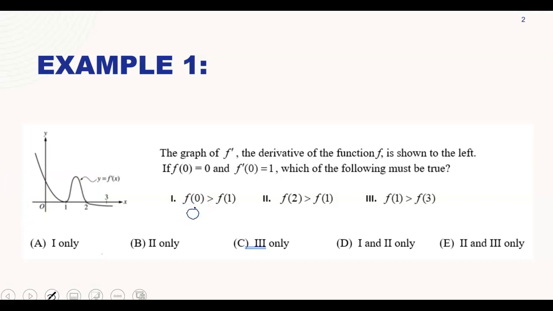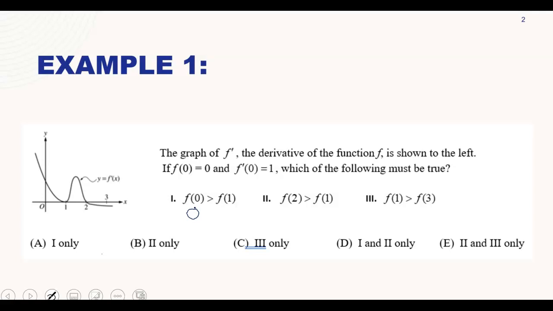If you look at the graph of the derivative, what do I know about f of 1? If the derivative is at 0, what does that tell you about the original?